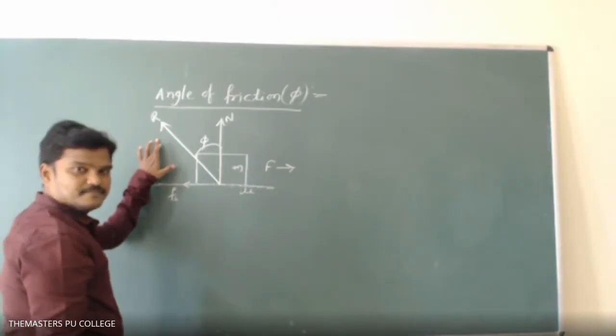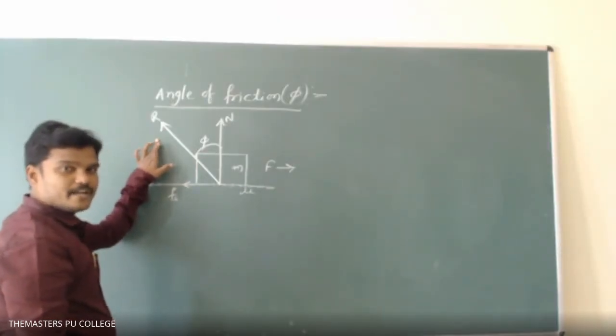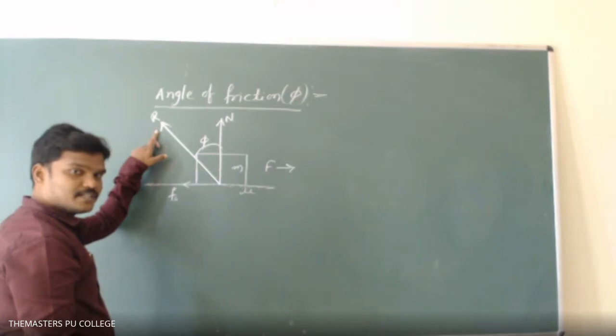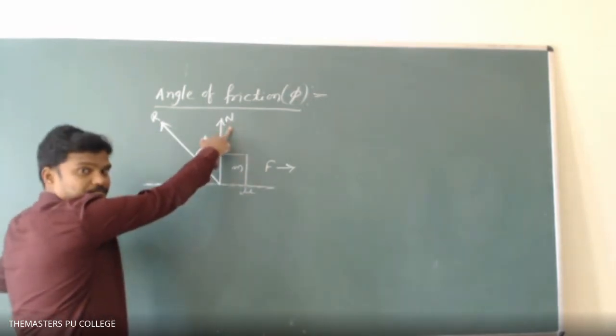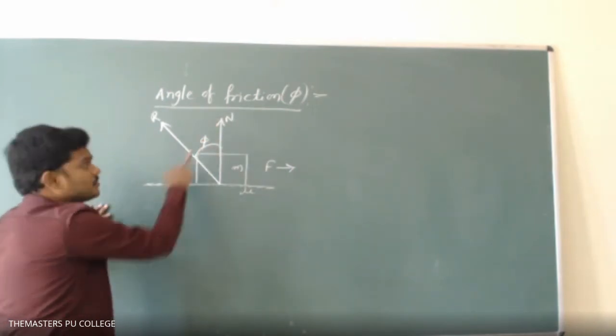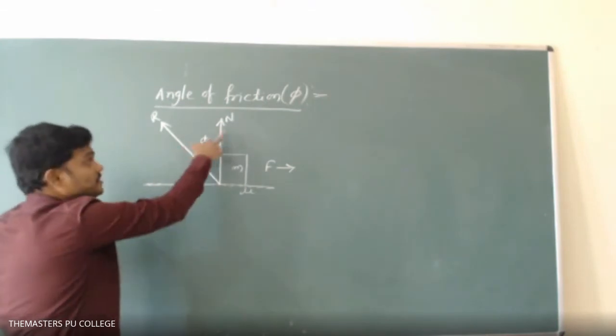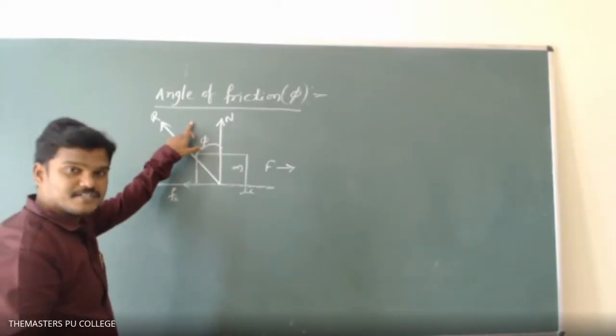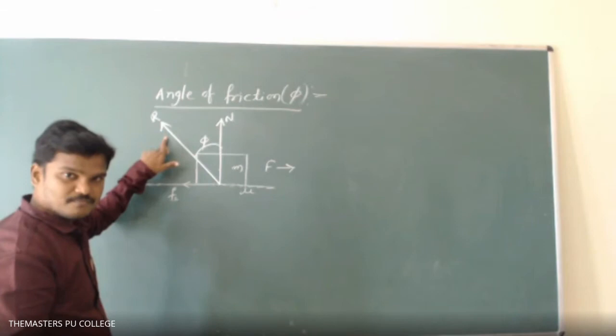Angle of friction is defined as the angle made by the resultant of normal reaction and frictional force with the normal reaction. What is this resultant?